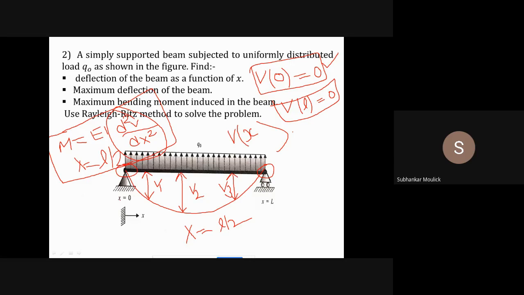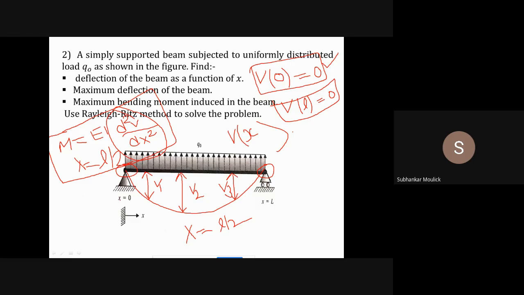If I give the boundary conditions as well as the governing differential equation, the problem becomes very simple. But don't expect that every time the governing differential equation and boundary conditions will be given to you. You have to find them from the problem. Is it clear, these two boundary conditions?